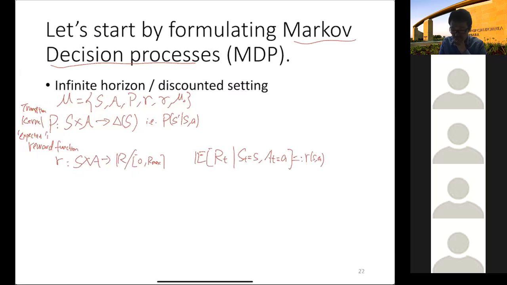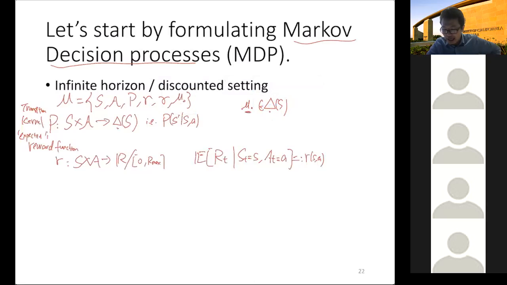All right, now I guess the remaining thing to talk about is this mu. So this mu zero is a probability distribution on S. I'm using this delta to denote the probability simplex, so this is a probability distribution supported on the space S. Basically, this is the distribution that the initial state is sampled from.